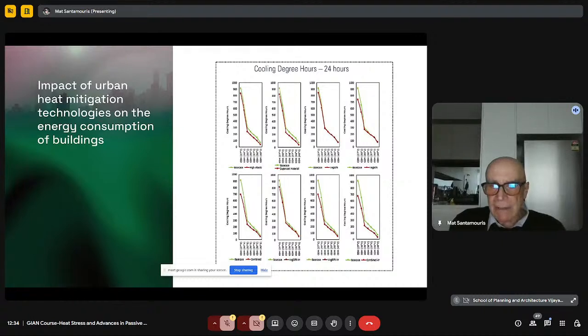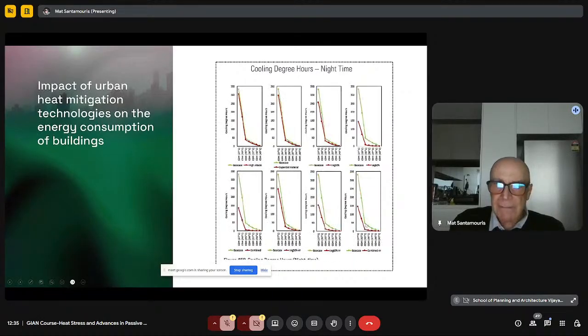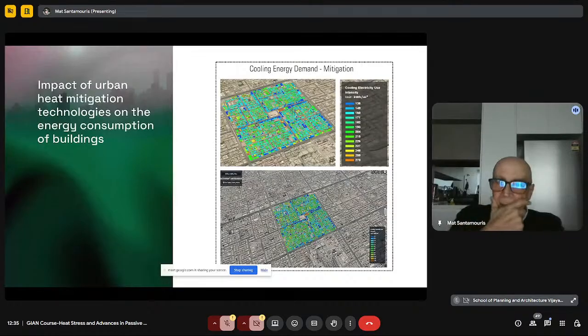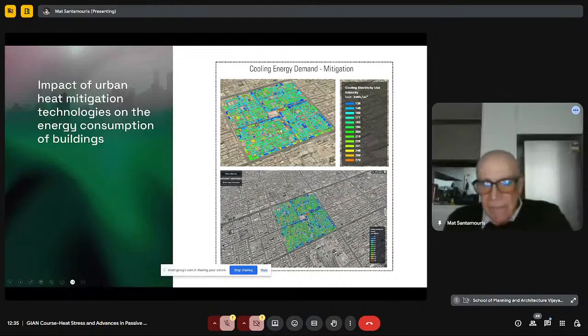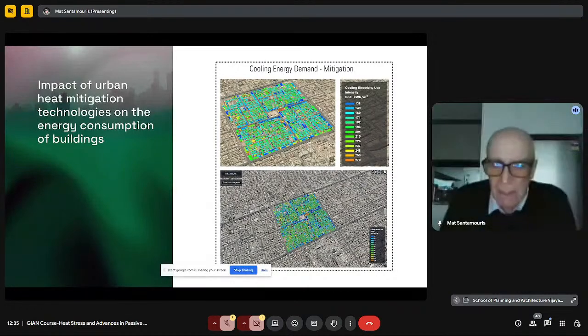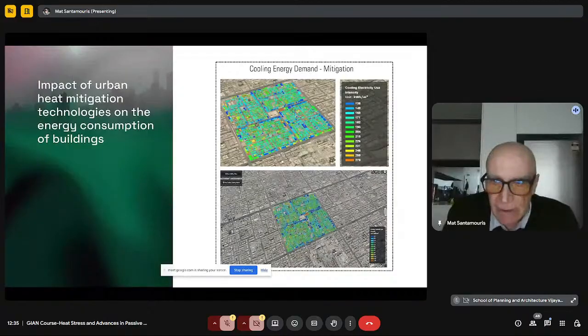And we also calculated the cooling degree hours, how many hours you need cooling and what the global impact is. And you can see that the impact is very important when the mitigation scenarios are combined. Then we calculated the cooling electricity use for each one of the buildings. You see, for example, for all the area, 3,323 buildings, we simulated the energy consumption during the summer period.